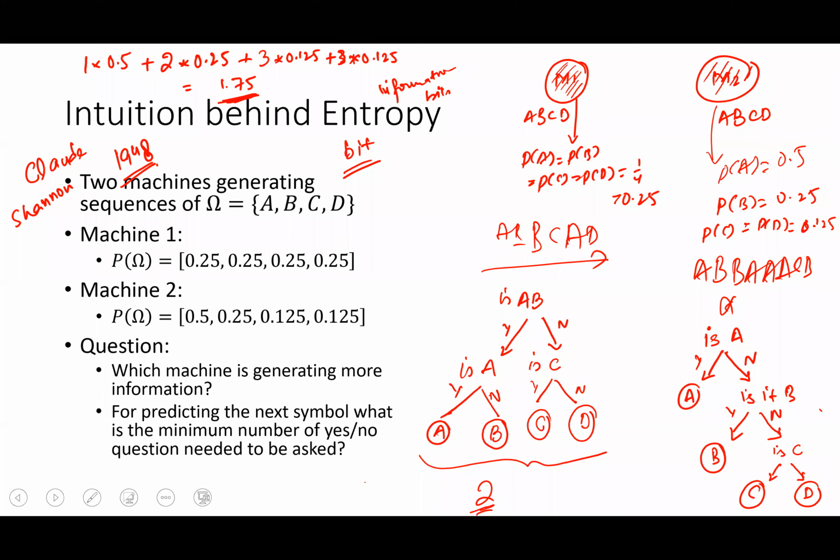So that is basically the intuition of information and entropy.